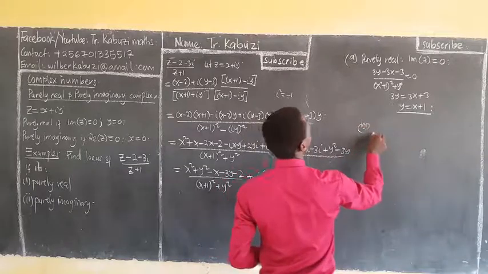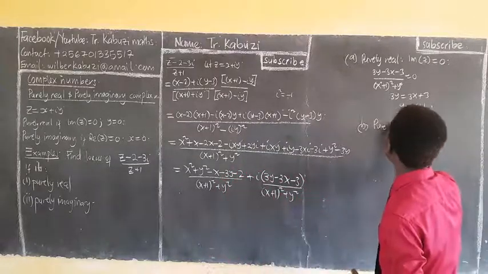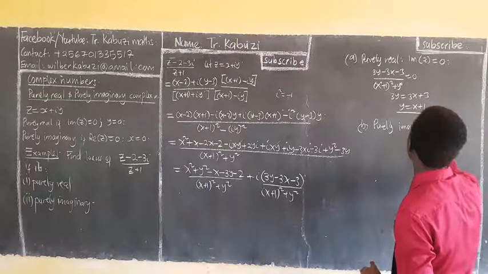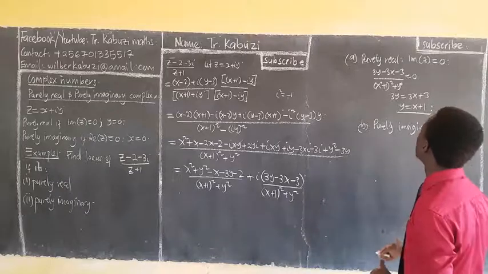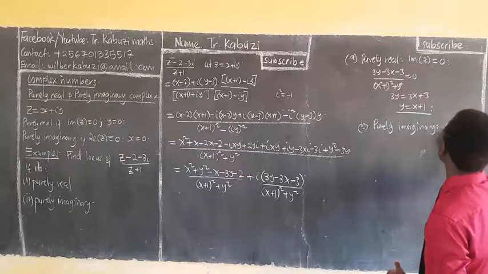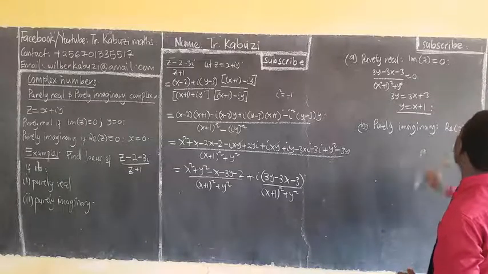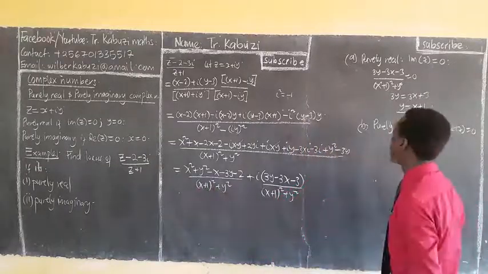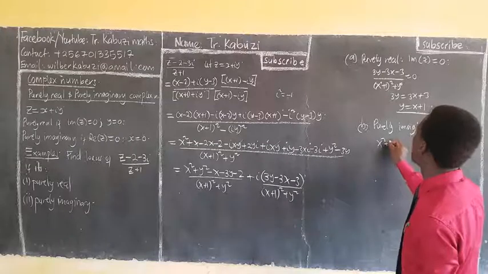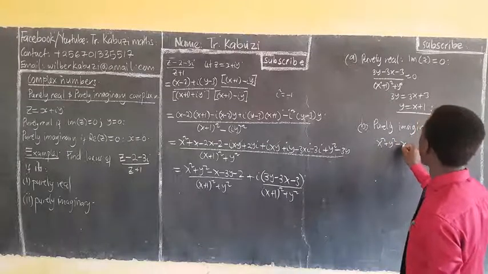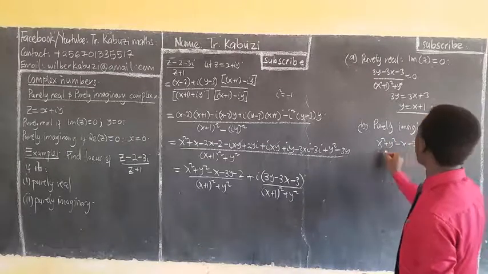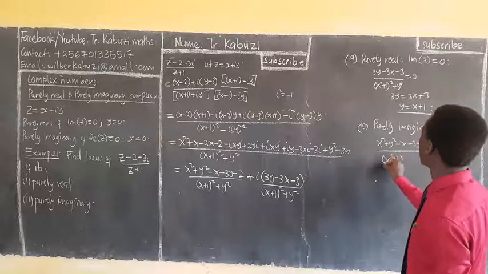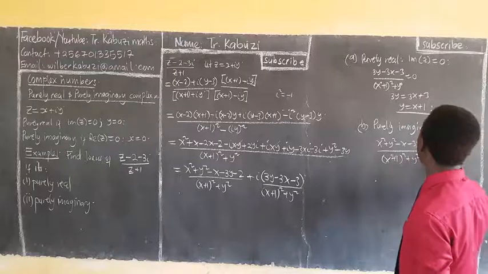Then part B, if it's purely imaginary. If it's purely imaginary, it means that the real part of z will be 0. So now this is our real part: x squared plus y squared, the whole over x plus 1 squared plus y squared, is equal to 0.